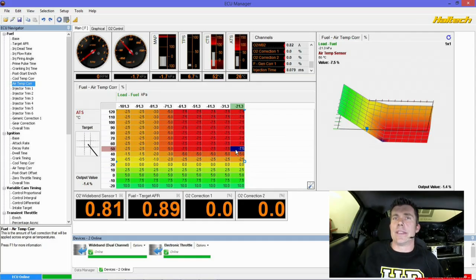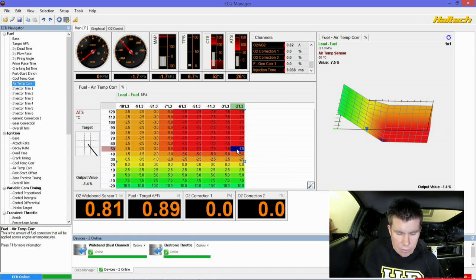All we do there is apply our change that we want to the table. So if we want to go 5% richer at 50 degrees to give us our richer target air fuel ratio, all we would do is make that change into this table.